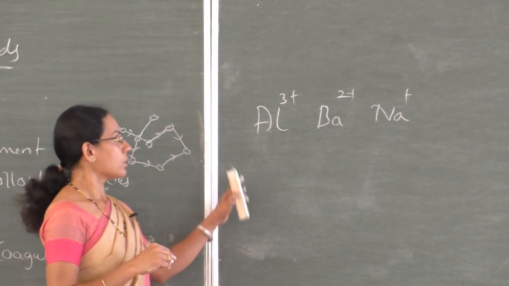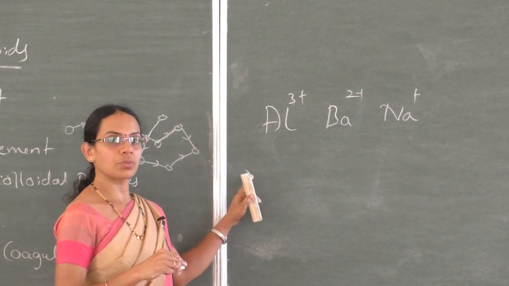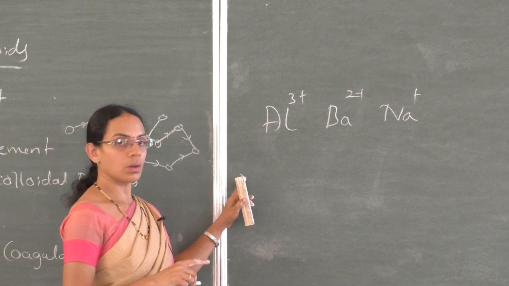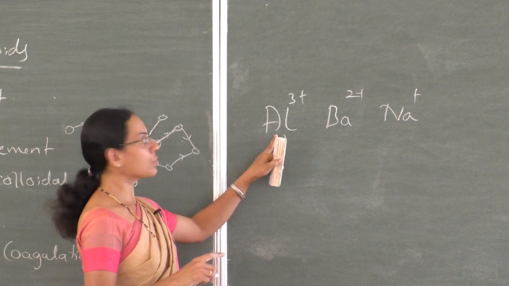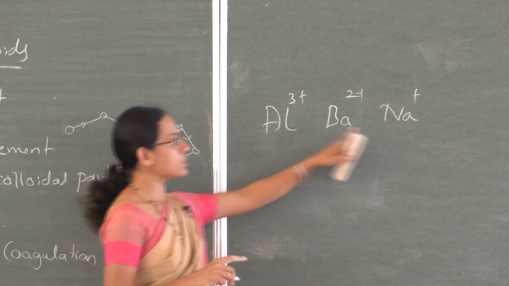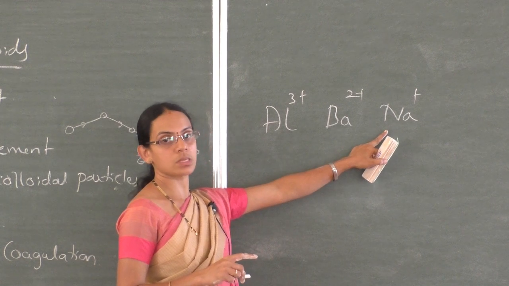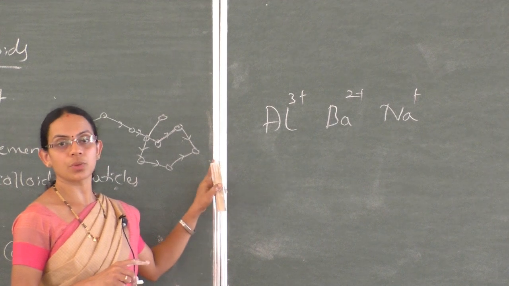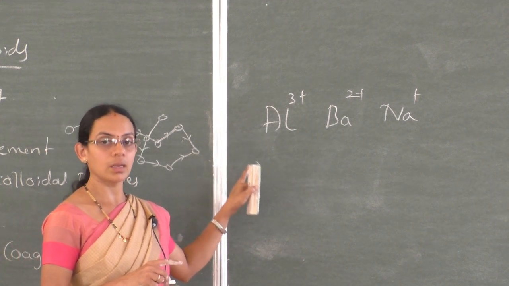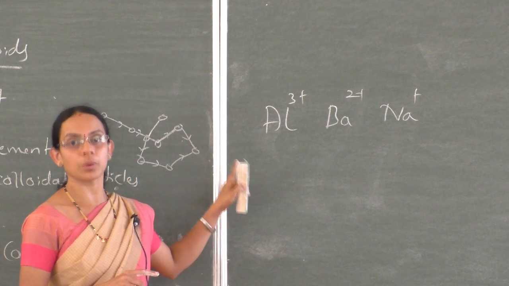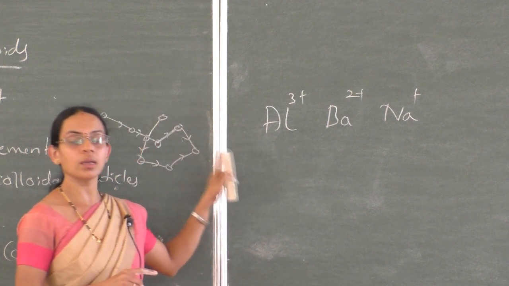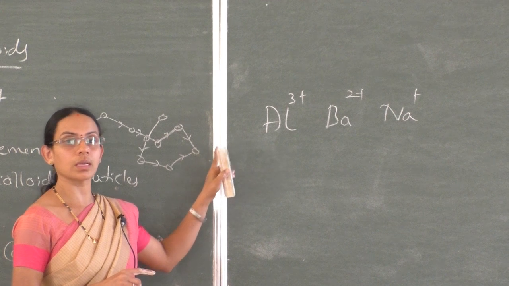For the coagulation of a given amount of negatively charged sol, a small amount of aluminium is required, whereas a large amount of Na+ is required. That means the higher the valency of the coagulating ion added, the more is its coagulating power.